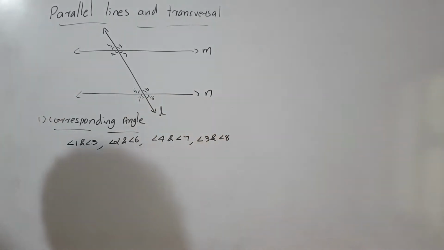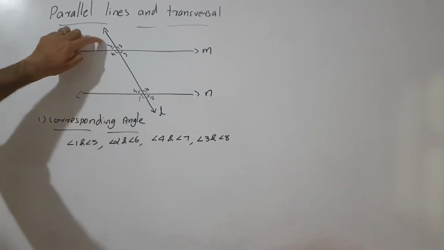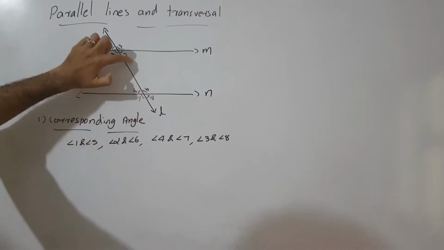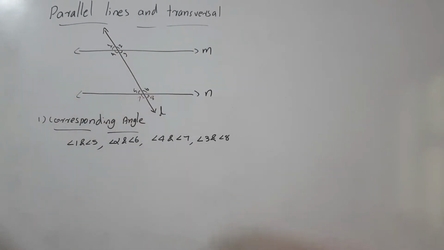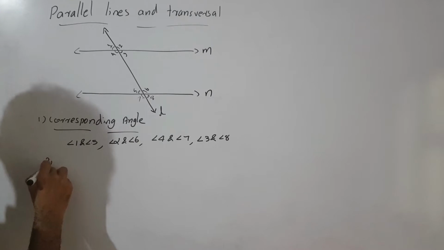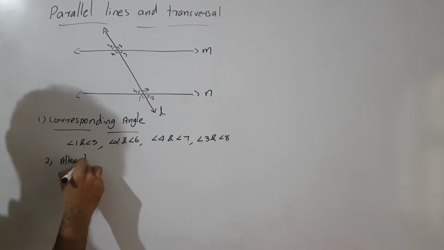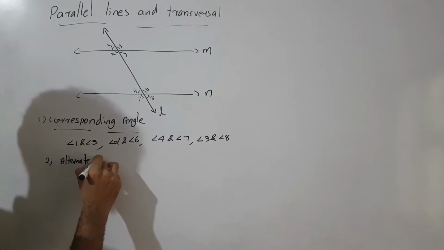Okay, then here we get 4 pairs of corresponding angles: 1, 5, 2, 6, 4, 7, 3, 8. Okay, corresponding angles. Then the second angle is alternate interior angle.